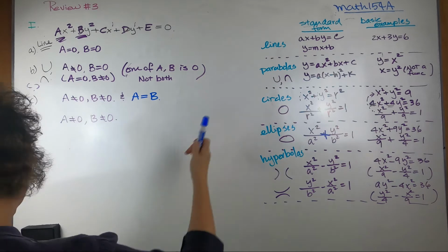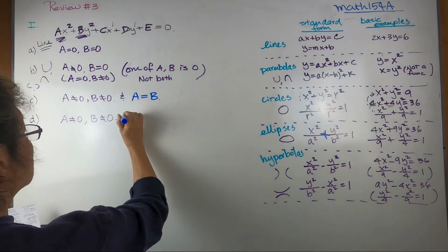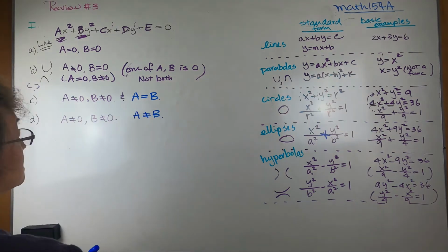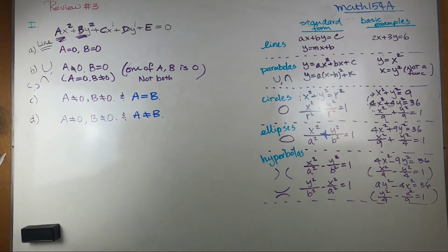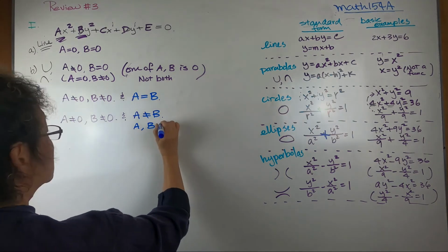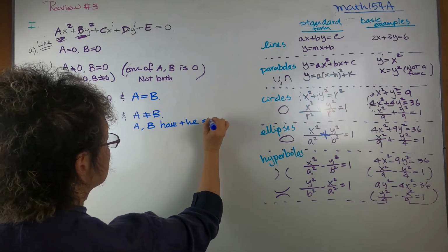If they are the same, that would be the circle, okay? So A cannot be the same as B. At the same time, A and B have the same signs.